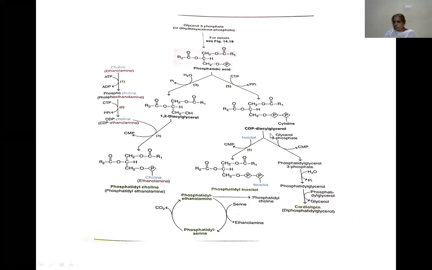For the synthesis of phosphatidyl inositol, we need CDP diacylglycerol. How can you get this CDP diacylglycerol? You can obtain it from phosphatidic acid. Phosphatidic acid, on hydrolysis, produces 1,2-diacylglycerol, which when condensed with CDP produces CDP-diacylglycerol.